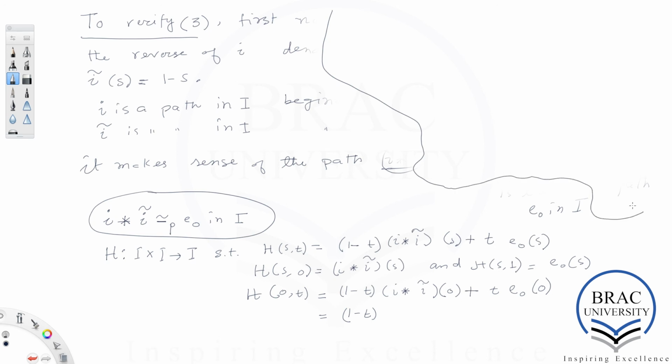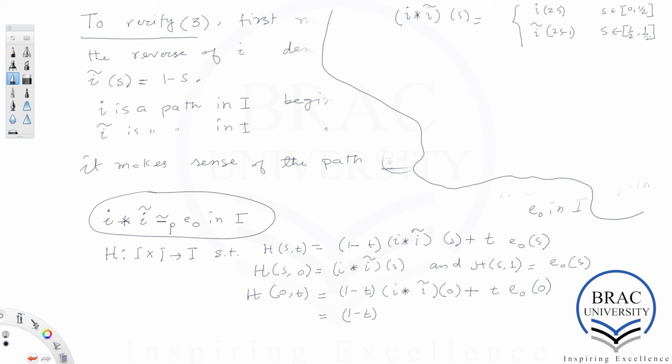Okay, so this is the definition of I star I twiddle evaluated at s. This is going to be equal to I of 2s when s is in this interval, and this is equal to I twiddle 2s minus 1 when s is in this interval. Okay, good.